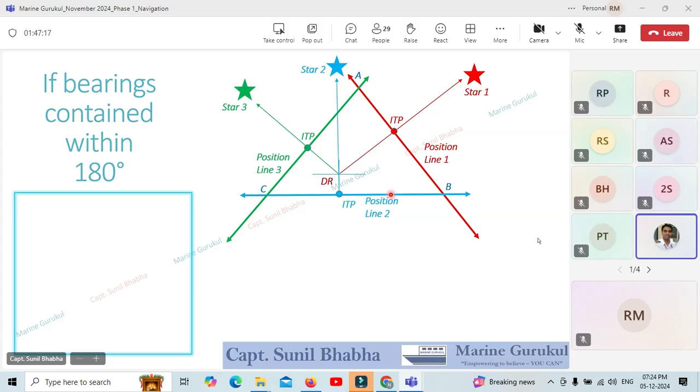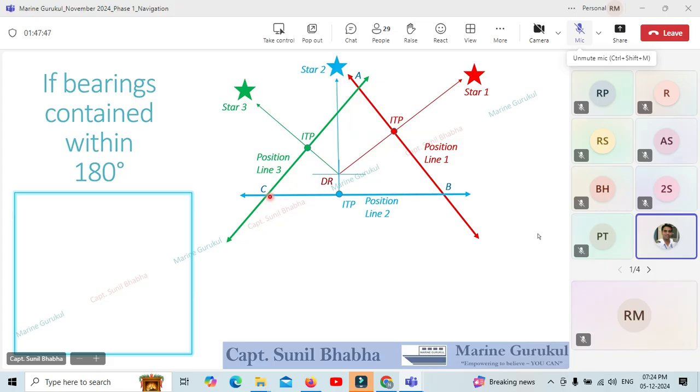Can you identify these two angles, beta? Any doubts? So we have to identify the two angles which are connected with our middle position line. In our case, angle Bravo and angle Charlie are connected with the middle PL, which is the blue color PL.